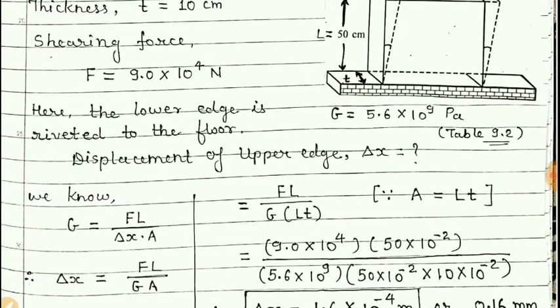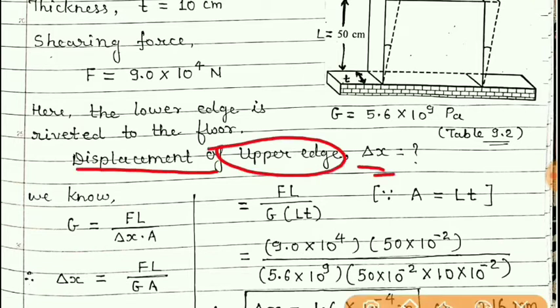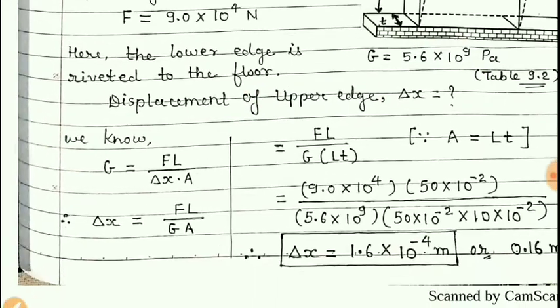Now here we want to find the displacement of the upper edge, that is delta x, and for lead, the shear modulus is 5.6 into 10 raised to 9 Pascal, that is given in table 9.2. Even in the exam or test, this value will be given to you. Now let us start.